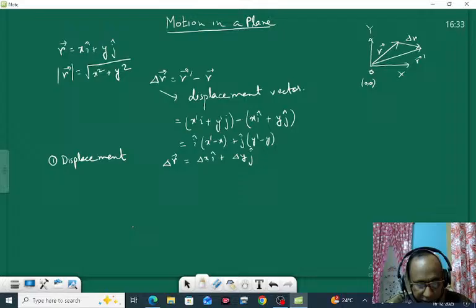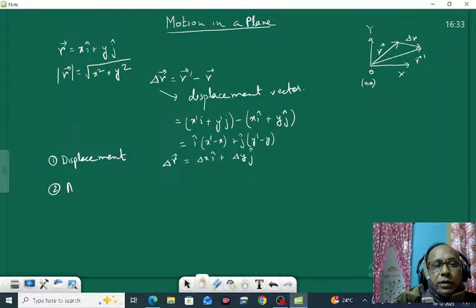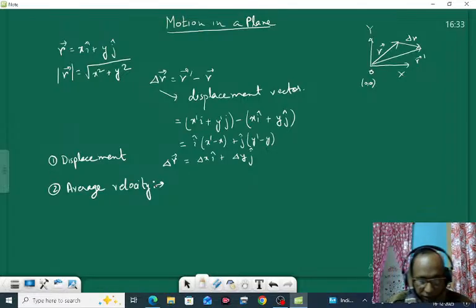If you want to find the average velocity, now number 2 is average velocity. What is that average velocity? The average velocity v-bar of an object is the ratio of the displacement del r and the corresponding time interval del t.